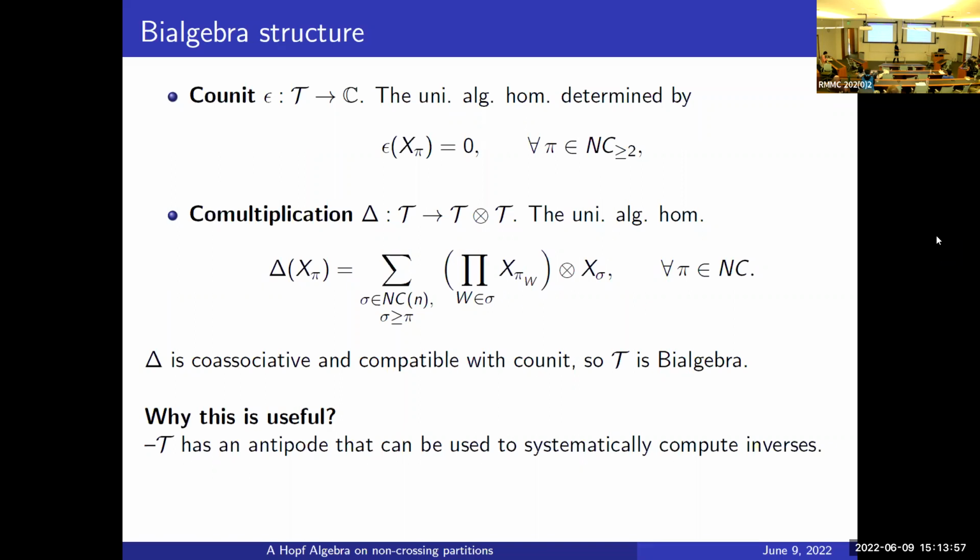Why is this useful? Something that could help to understand transition formulas is the antipode. The antipode on T gives a systematic way of computing the inverses of characters. Characters form a group, so I can take an inverse of a character.